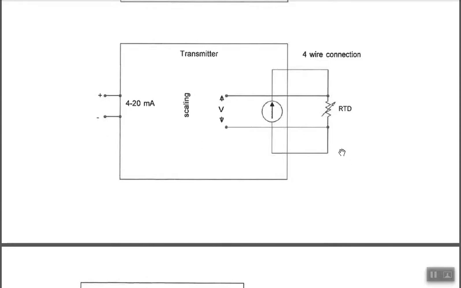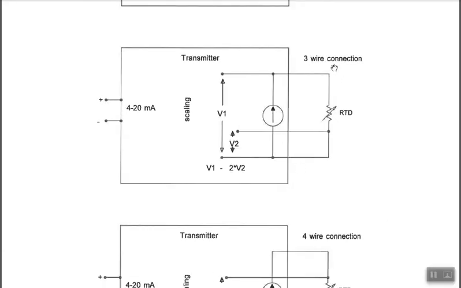And now I'll show you one more option, and that would be the 3-wire connection of an RTD. A 3-wire connection for an RTD simply comes from the fact that people figured out that probably any IR drop that's occurring on this wire that's carrying the current to the RTD is symmetrical.